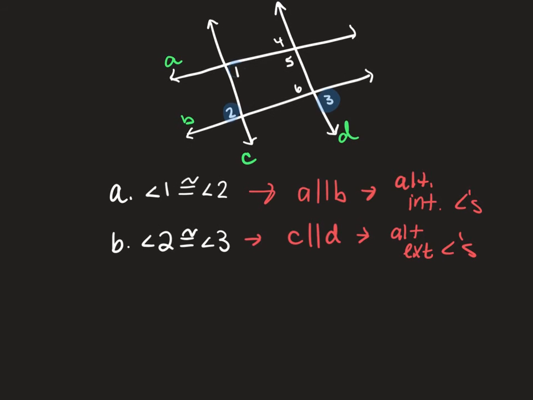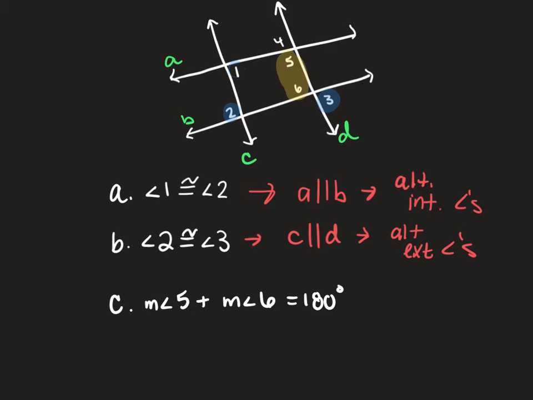And then for C, it says angles 5 and 6 add up to 180. So angles 5 and 6 are here. What kind of angles are 5 and 6?